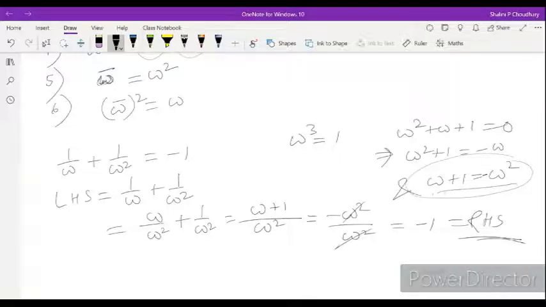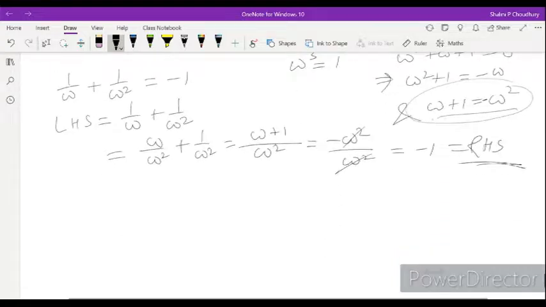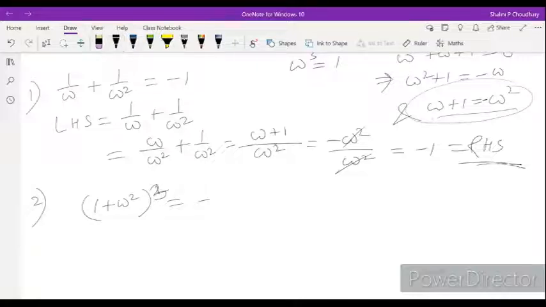Okay, the next question. Again we have to prove something. This one is first. Now the second question: we have to prove that (1 plus omega square) whole cube is equal to -1. Okay, so how will we prove this?